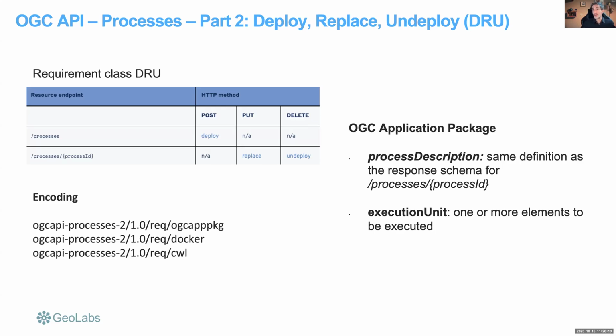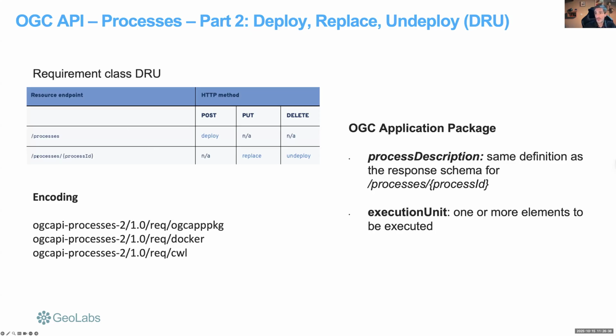So here you have a crossing table showing you the HTTP method and the resource endpoint you can use. To deploy a process, you will POST an OGC application package, that can be composed of a process description and an execution unit, or an OGC Earth observation application package, which is encoded as CWL.